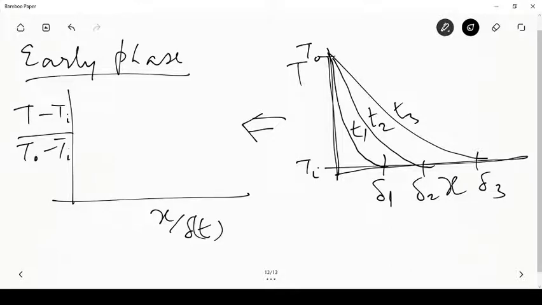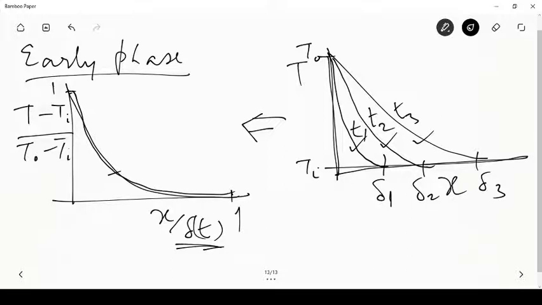Then at all points in time you will find all of these curves to just collapse onto a single curve like this. So this would be representative of this curve at time T1, this curve at time T2, and this curve at time T3, just by replacing the corresponding value of delta there.